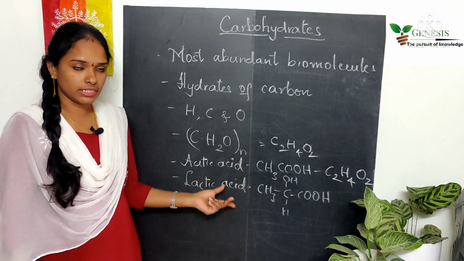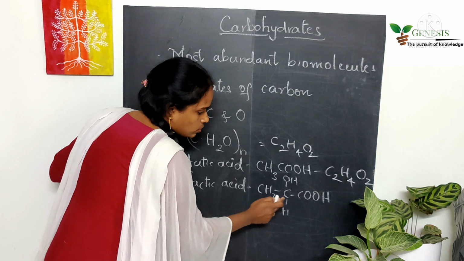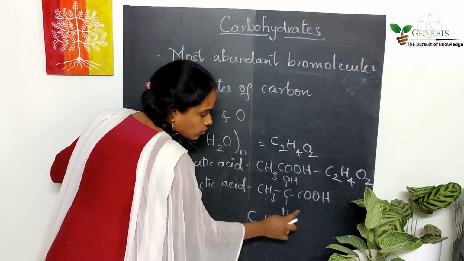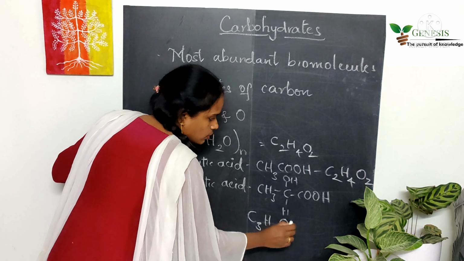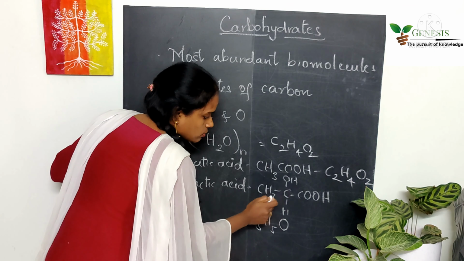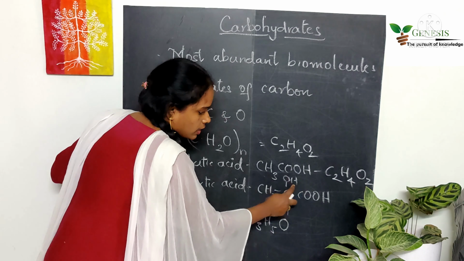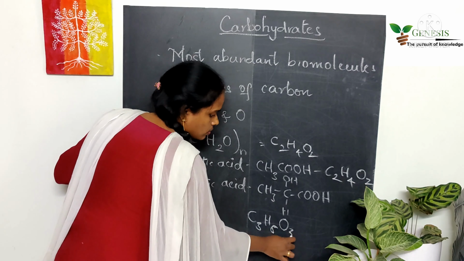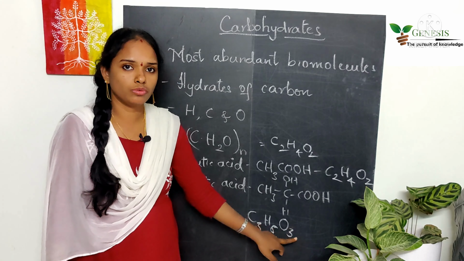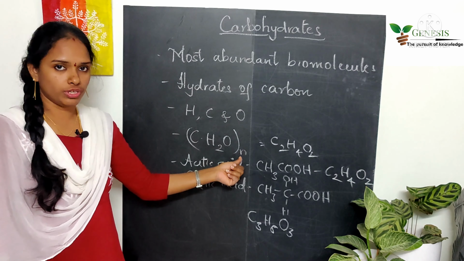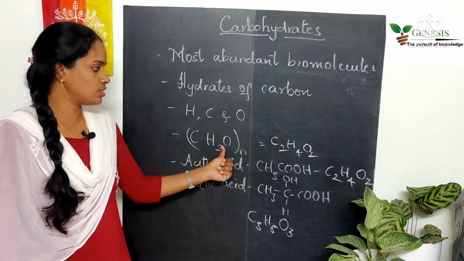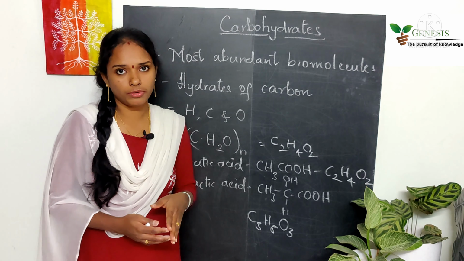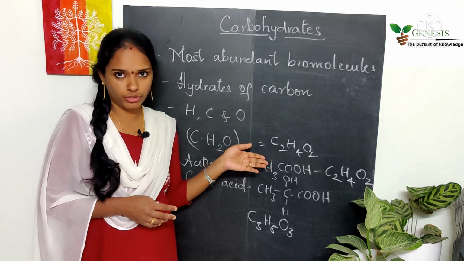Coming to lactic acid, which contains 3 carbons, C3, hydrogens 6, oxygens 3. So it is C3H6O3, now n is equal to 3, so C3(H2O)3. So these two compounds, even though they are not carbohydrates, obey the general formula of carbohydrates.